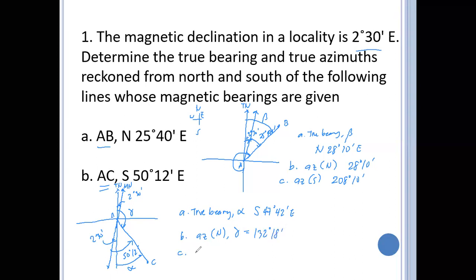Okay. Then last, azimuth from the south, no? We can label that as rho. So our rho is 312 degrees 18 minutes. Okay.